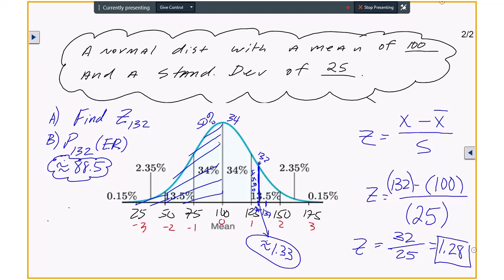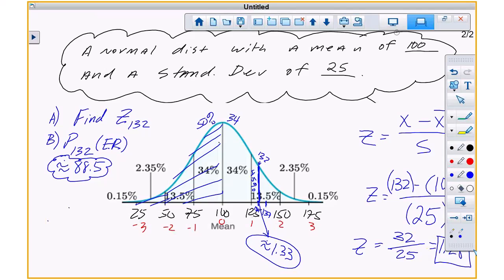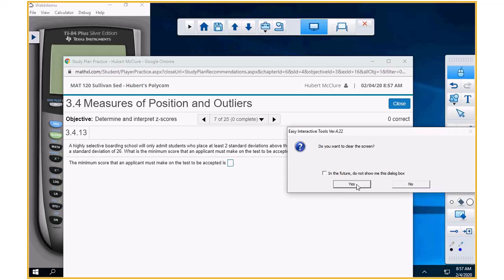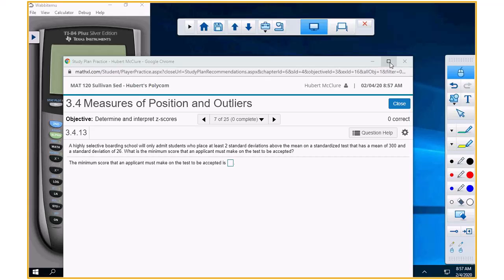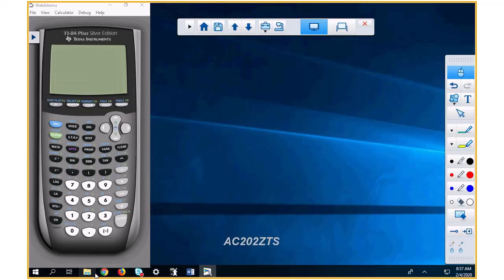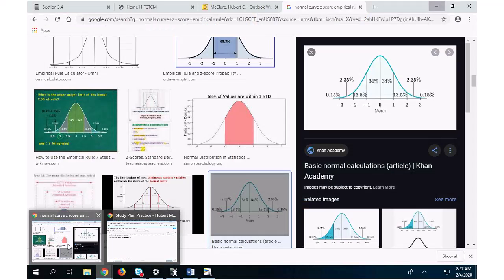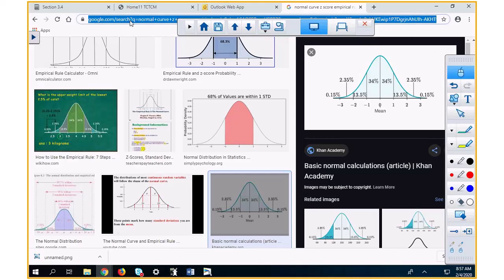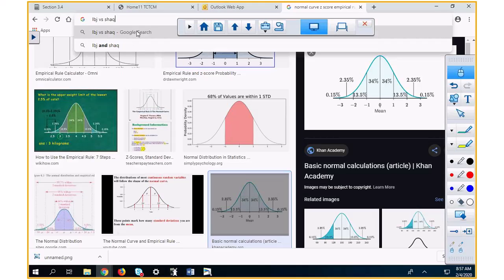Let me find LBJ versus Shaq. I'm going to take a minute and find that for you, because z-scores are... in the questions you're going to see on the test, LBJ versus Shaq scores.